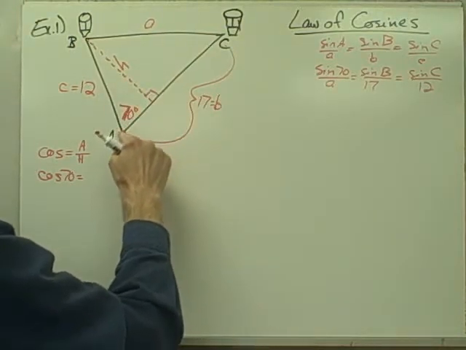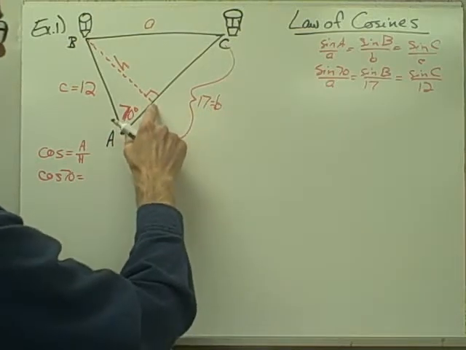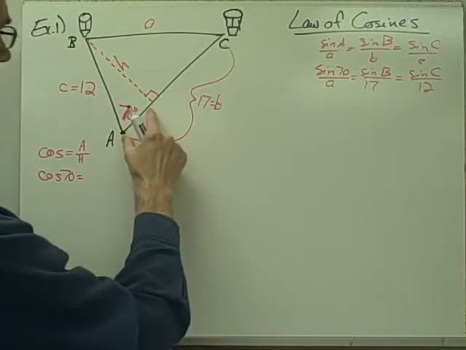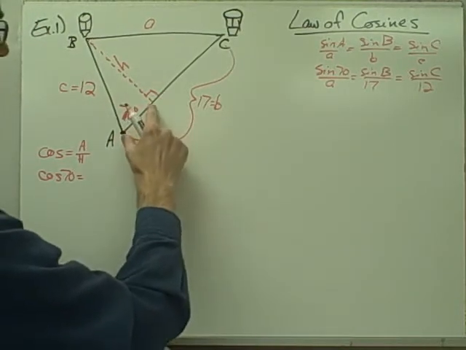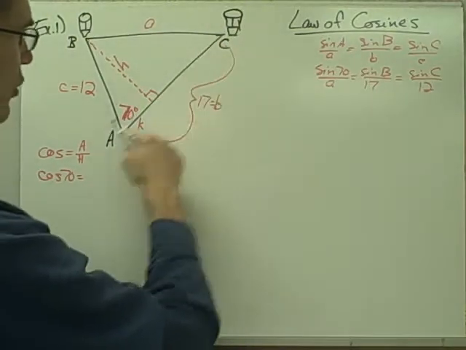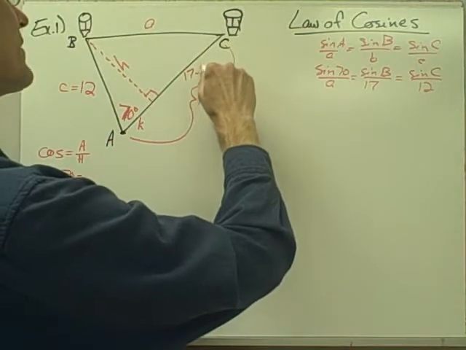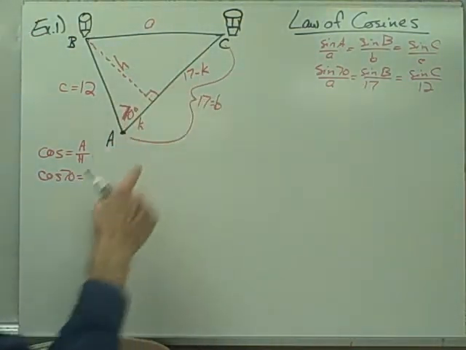So since I know this whole long side here is 17, let me call this piece right here, let me give it a value k. So k is going to be the length of this short side of this right triangle. So if I call this k, and if the whole piece is 17, then this piece right here must be 17 minus k. Okay, now I've got everything labeled like I need it.